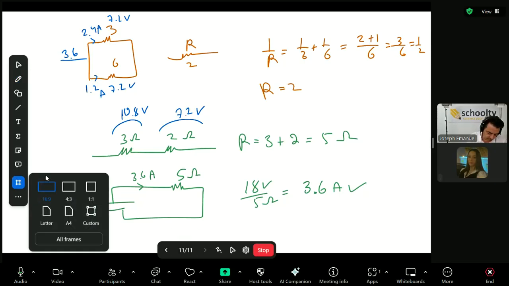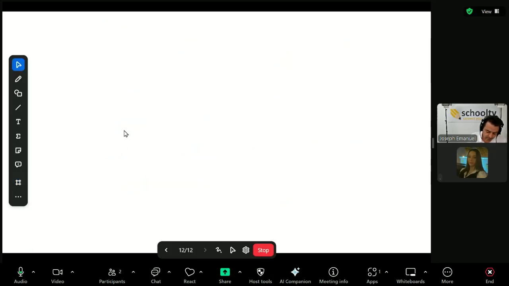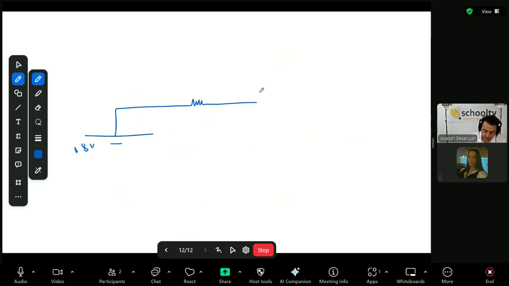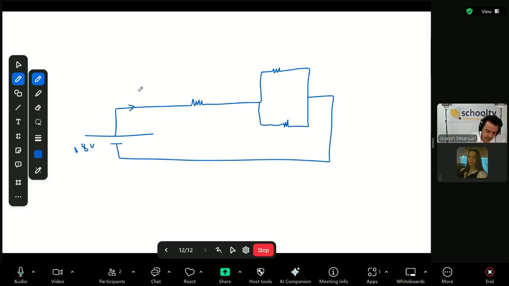Let's draw it all together. So you have here 18 volts. The current here is 3.6 ampere. This is 3 ohm, this is 3 ohm, this is 6 ohm.